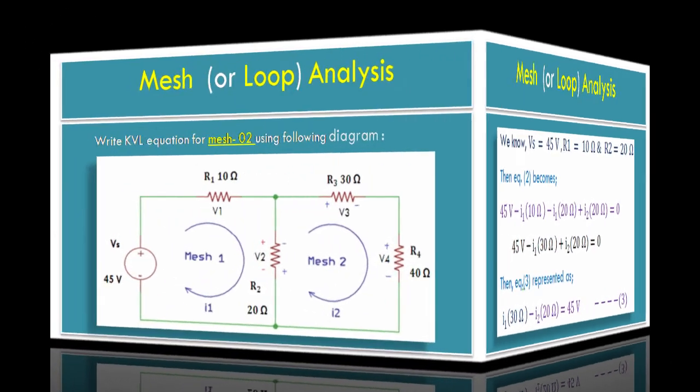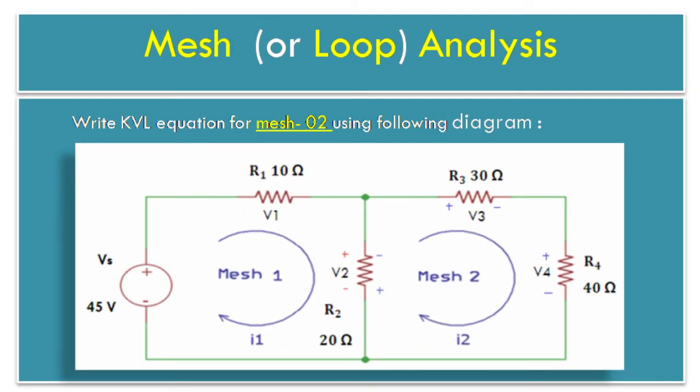Again, write KVL for mesh 2. Before that, let's see the diagram. Current I2 passes through resistors R2, R3 and R4 in clockwise direction, which produces potentials V2, V3 and V4 respectively, and current I1 also passes through resistor R2 in clockwise direction and produces potential V2.